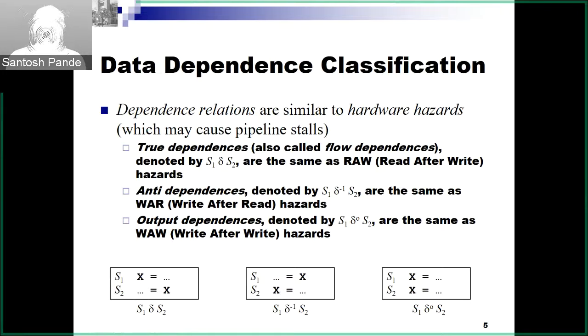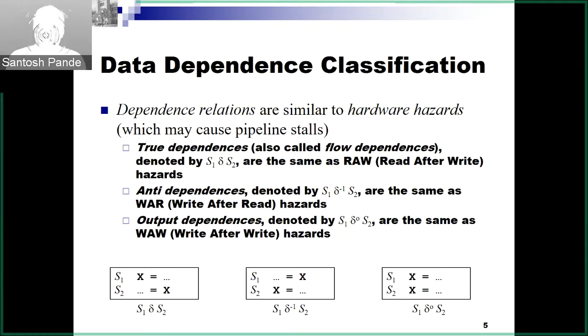There is a write going on to X first in S1, and there is a read of X in the second statement, S2. So if this is the original program order, S1 followed by S2, a value X is produced in S1, and the value is used in S2, the X memory location. And we cannot interchange it, because if we do, we will be using an old value of X in S2. We need a new value of X, which is generated in S1. So this relative order must be preserved.